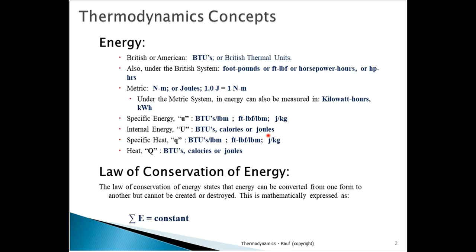A symbol that represents internal energy is uppercase U, and you would represent the absolute internal energy using uppercase U. Now, when you convert the absolute internal energy of a thermodynamic system into specific energy, you're dividing the actual absolute energy by the units of mass, so it would be energy per unit mass, and that's the difference between specific energy and internal energy, both symbolically as well as in units.